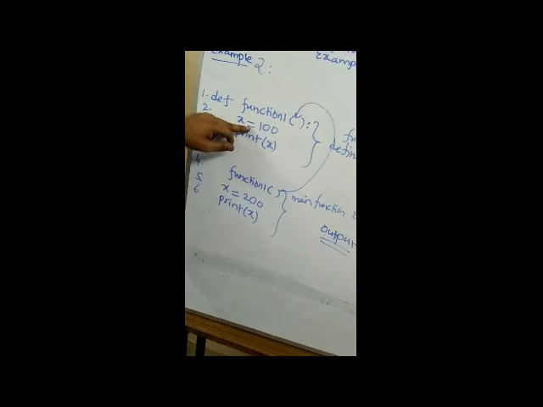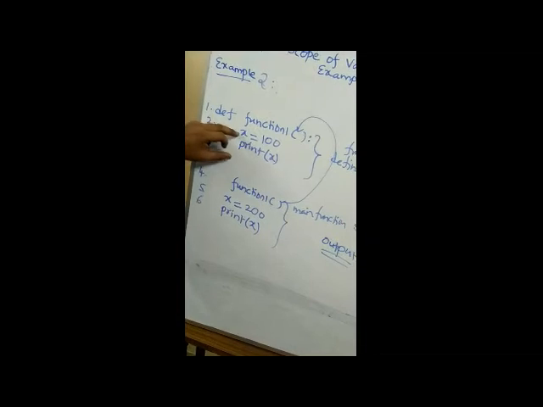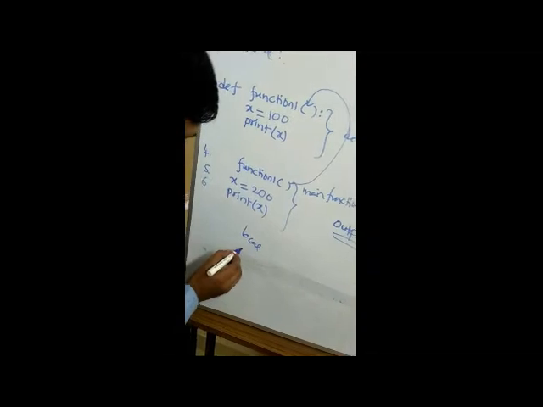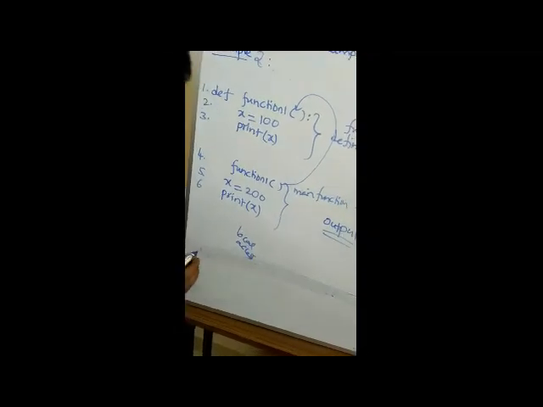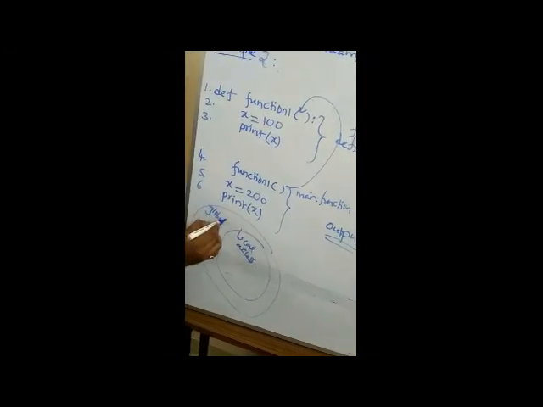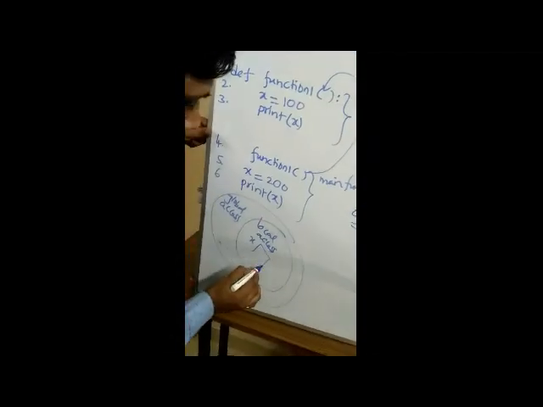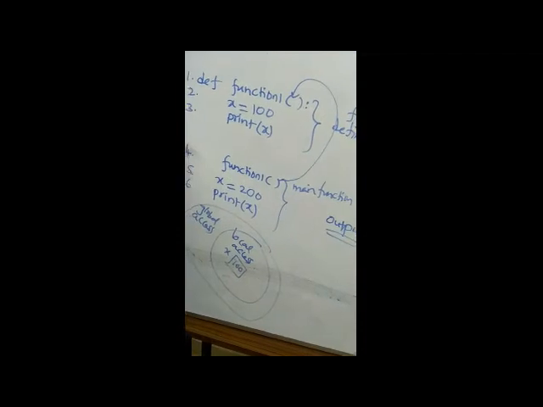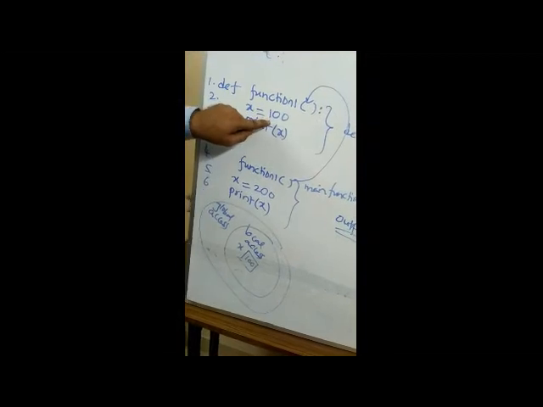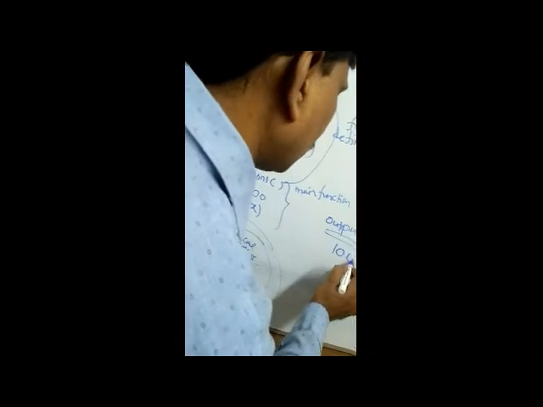Here x is a local variable, because x is declared within the function body. This is local access and this one is global access. In local access x is equal to 100. The next statement is print x, which refers to the local x. That's why x is 100 here, and it displays 100 in the output.